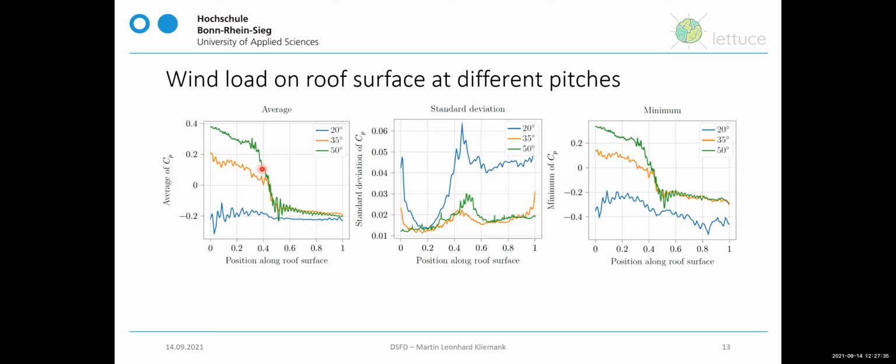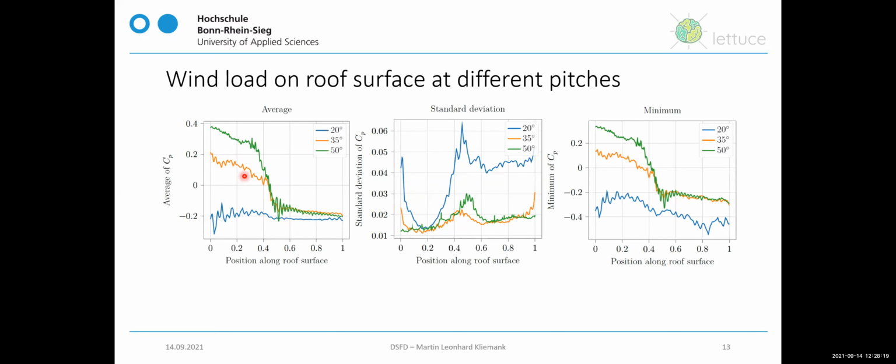So we have the steeper roofs having a positive pressure on the windward side, whereas the flatter roof has suction here and also stronger suction on the leeward side, and also way stronger fluctuations or higher standard deviation, especially starting at the ridge, which also goes hand in hand with stronger pressure minima or suction maxima, which also leads us to conclude that the flattest roof is the least suitable to withstand the wind we are investigating, since it has the strongest fluctuations and suction out of all of them.